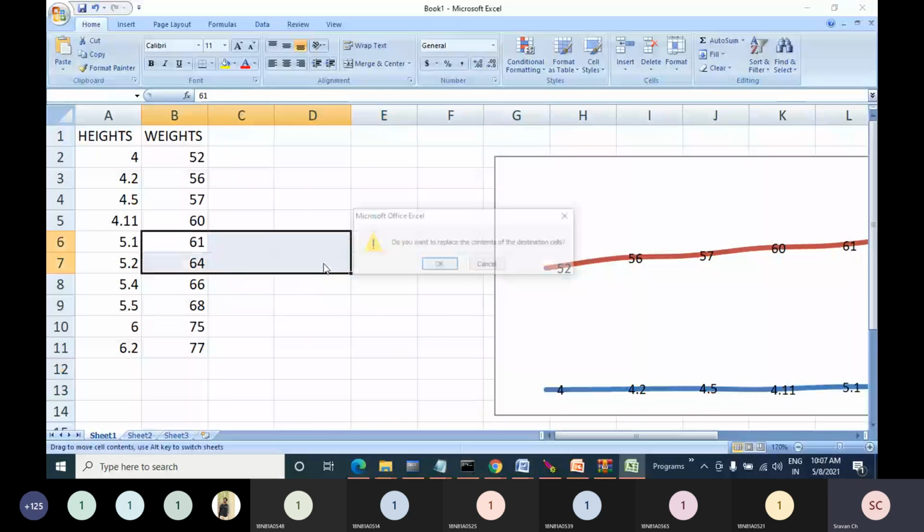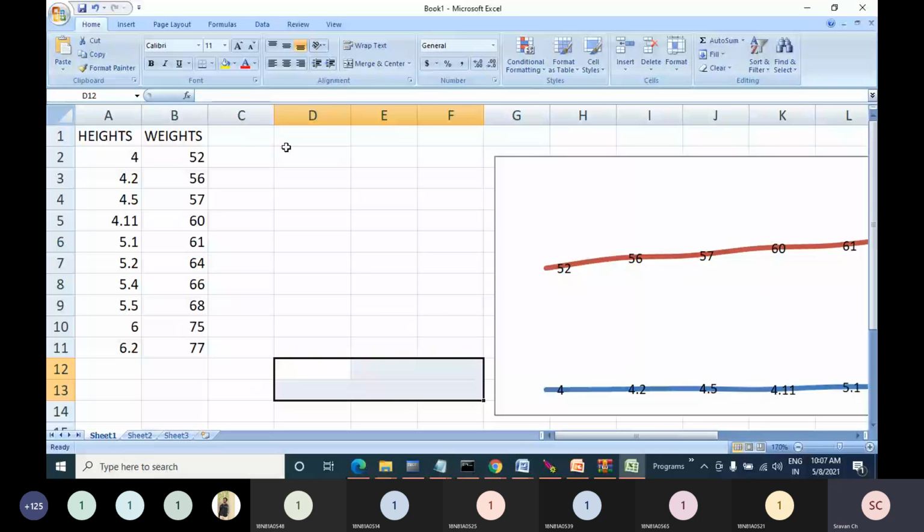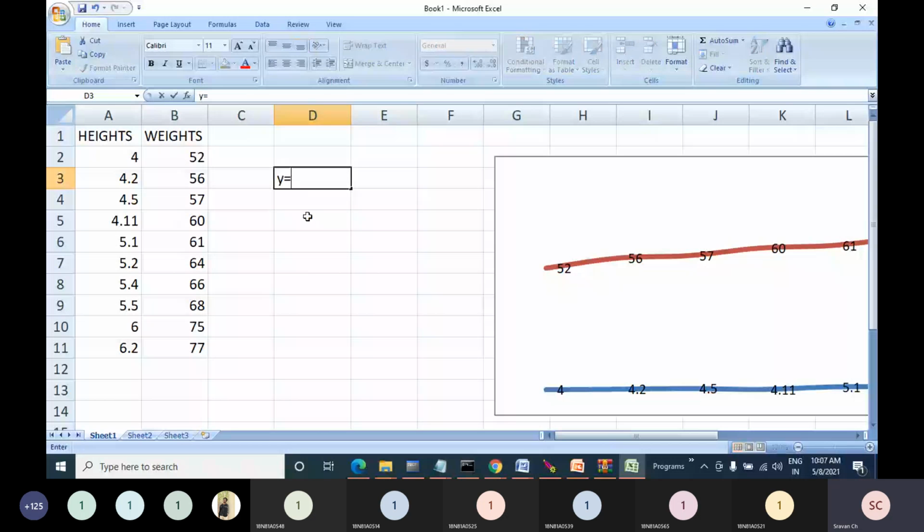Heights and weights we have, and we have seen this graph also. Now we will write a program. In that program, we will apply y = mx + c, and we will run this on all these 10 inputs. 10 heights I have, 10 weights I have.